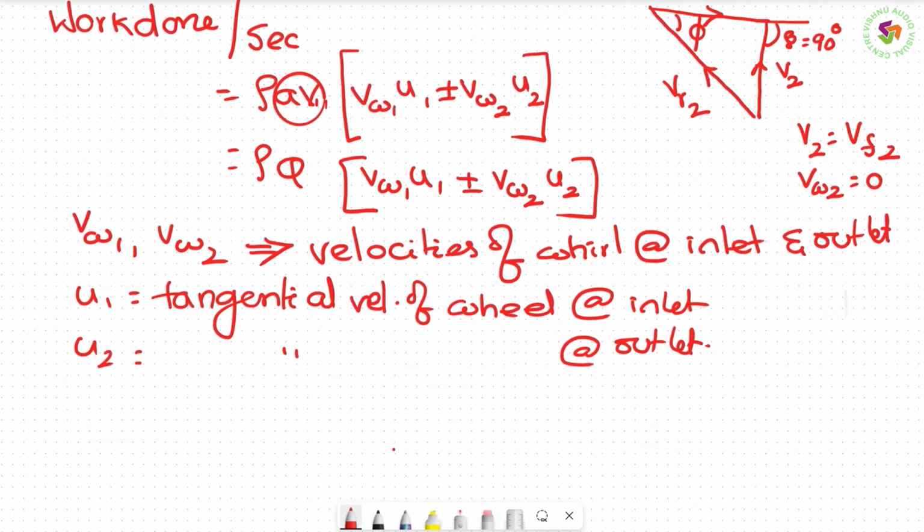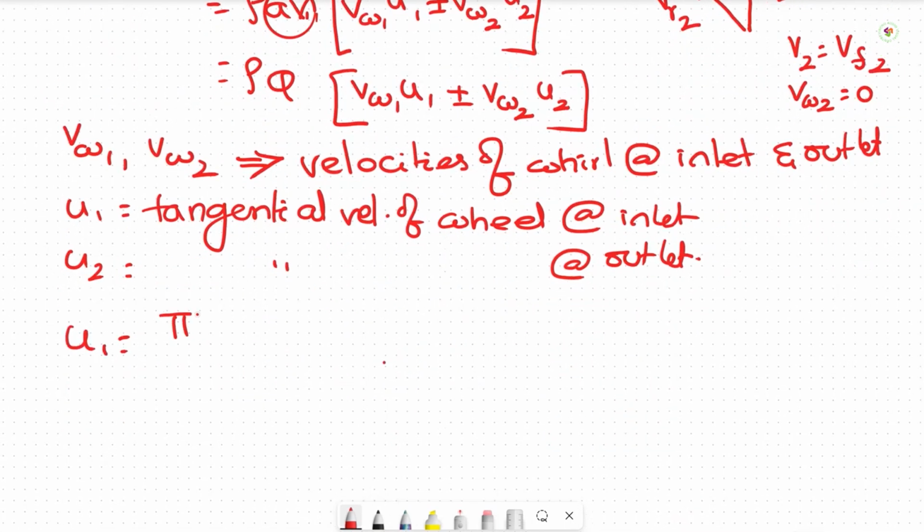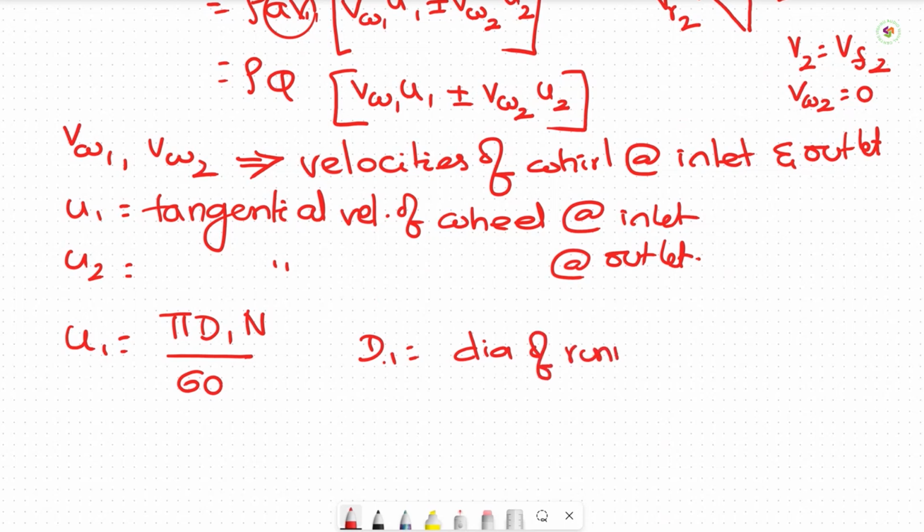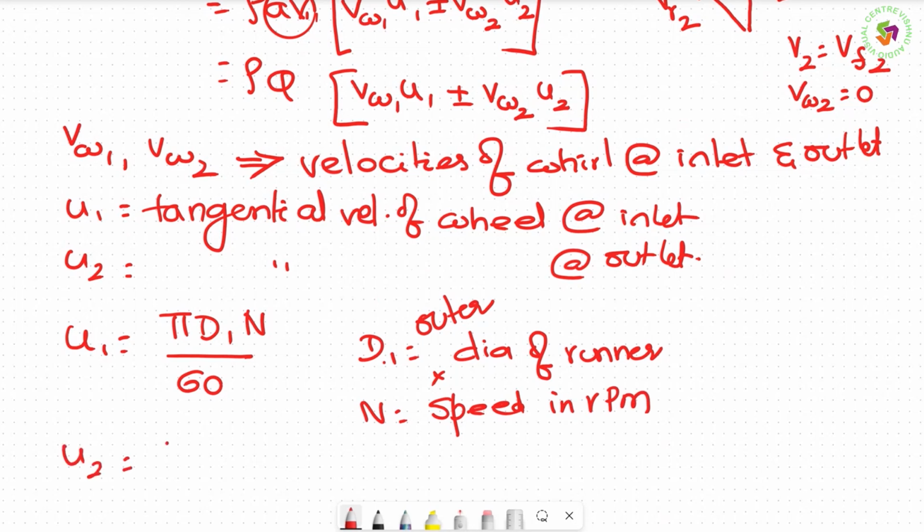U1 is equal to pi into D1 into N by 60, where D1 is the diameter of the runner. Which diameter? It is the outer diameter, because water enters at the outer periphery. N is the speed of the wheel in RPM, and U2 is equal to pi into D2 into N by 60, where D2 is the inner diameter of the runner.